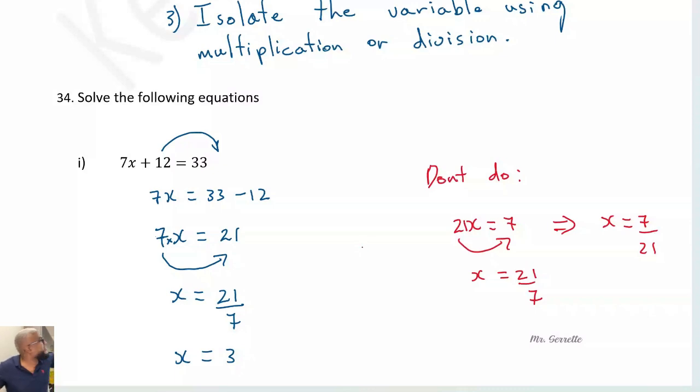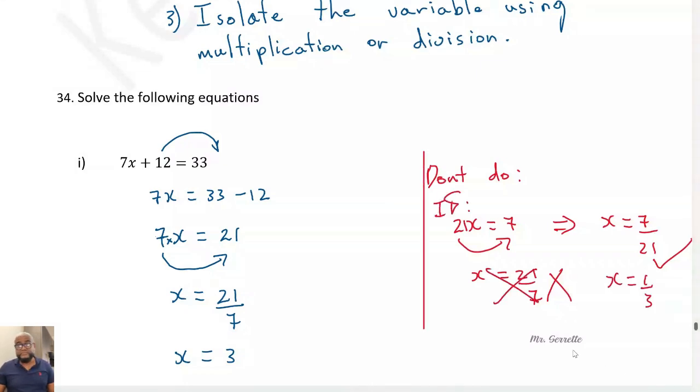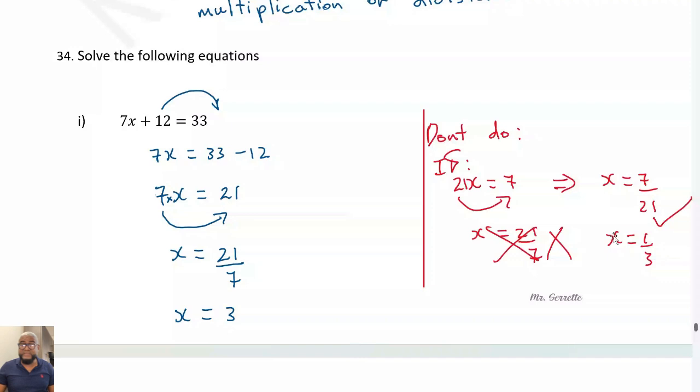How can you put the 7 underneath? This is wrong. This is right. Okay? Write it down. That's some don't do's. Plenty of students just make that mistake. So the answer here will be x is equal to 1 over 3 if it was 21, x is equal to 7. Everybody good there?